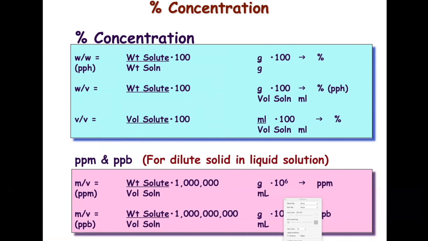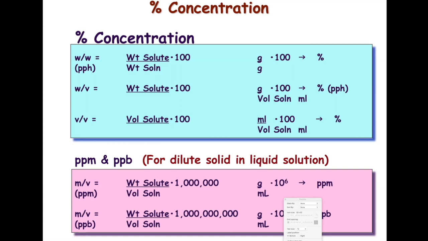You see in this slide that in the turquoise you have the weight of solute divided by the weight of solution times 100. Well, parts per million is the weight of the solute divided by the weight of the solution times 1,000,000, 10 to the 6. When you have that number in your calculation, then you want to put ppm.